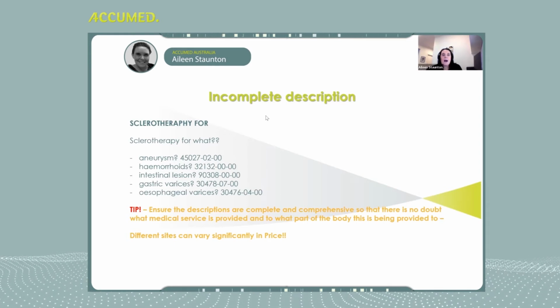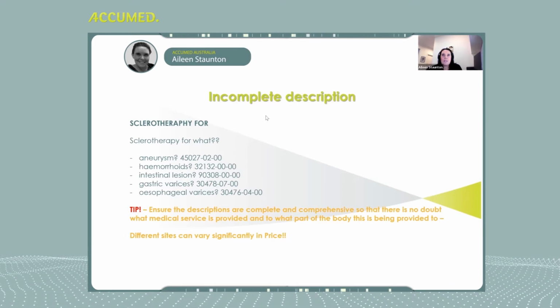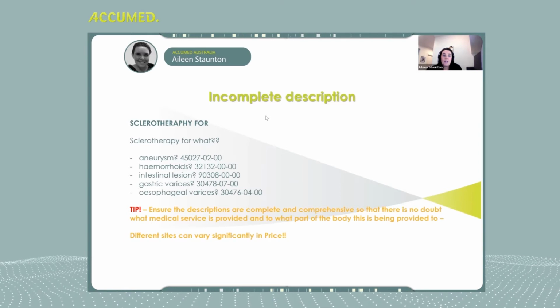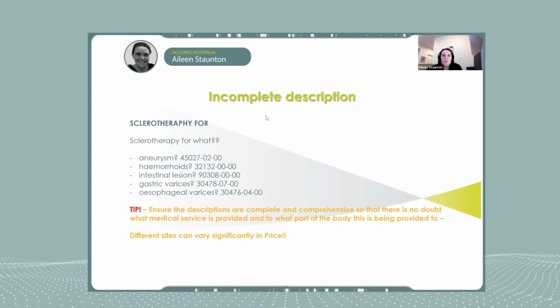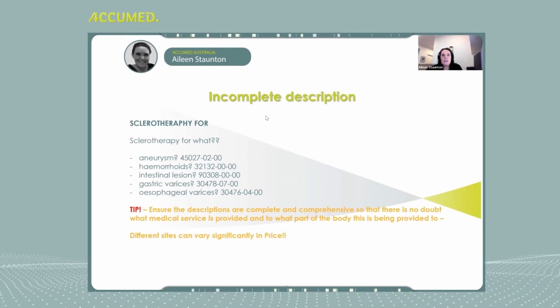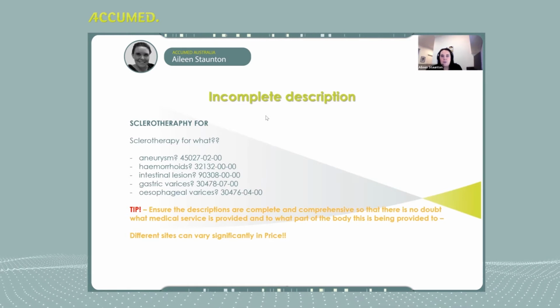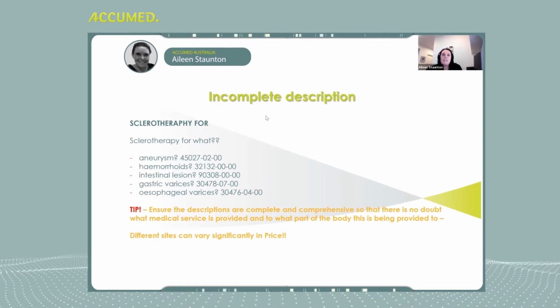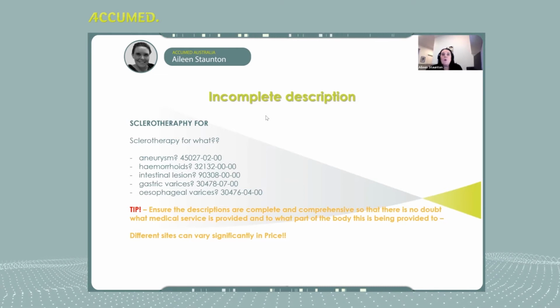We'll move on now to some examples from the mapping work we've already done. We'll quite often come across descriptions, and as you can see on the screen, the description will be sclerotherapy, for example, but it doesn't define what it is for.